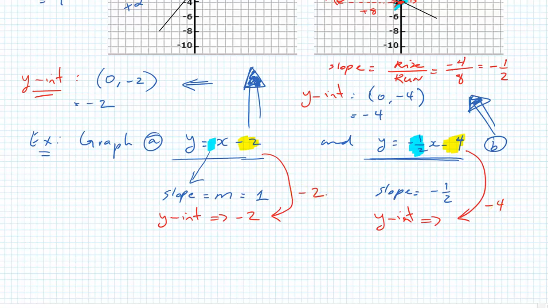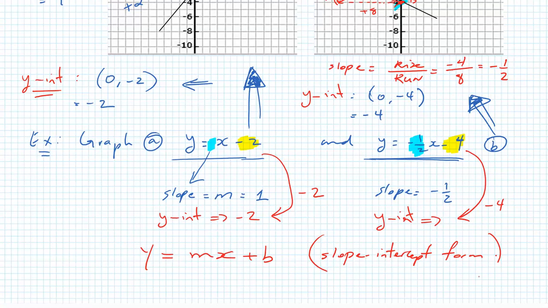And it turns out that every time you have an equation that looks like this, it is called the slope-intercept form of a line. That's what it's called: y equals mx plus b. Repeat that a million times. y equals mx plus b.